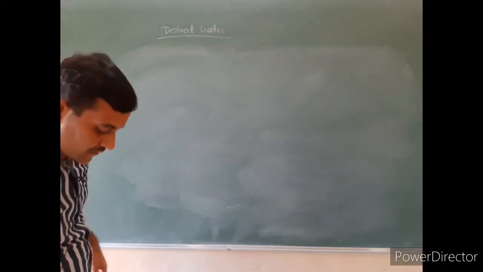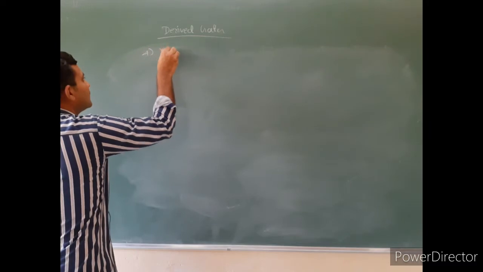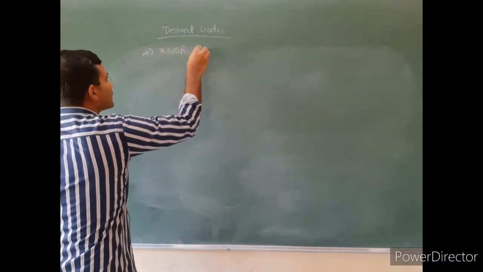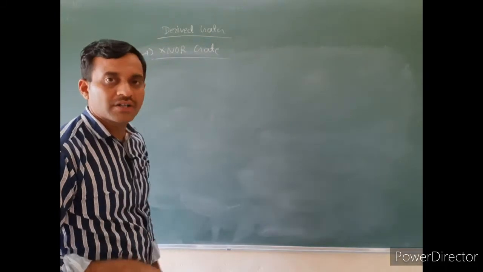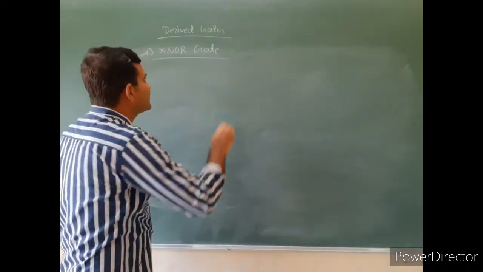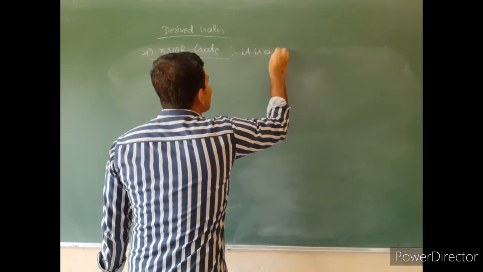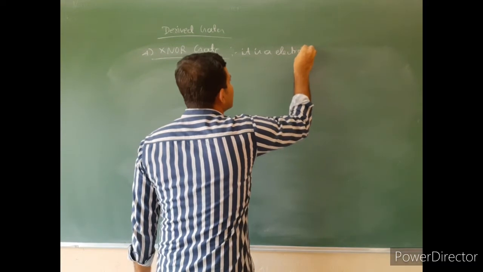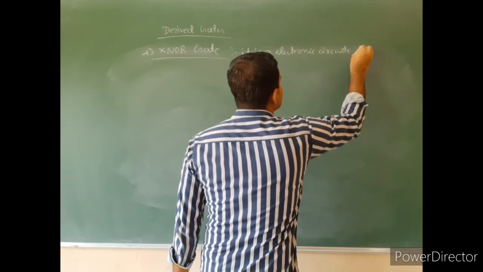Fourth derived gate, that is the XNOR gate. It is a combination of XOR and NOT gate. Let's see the working principle. It is an electronic circuit.